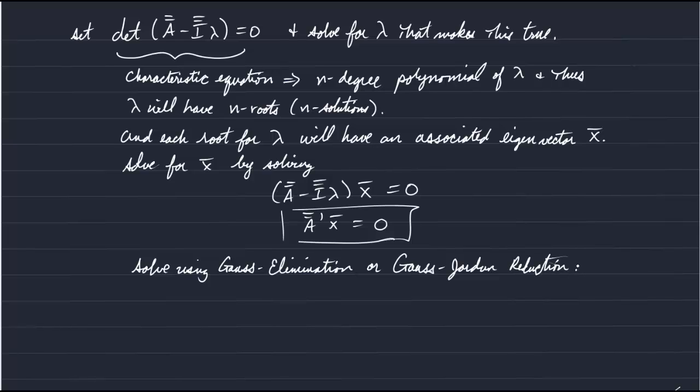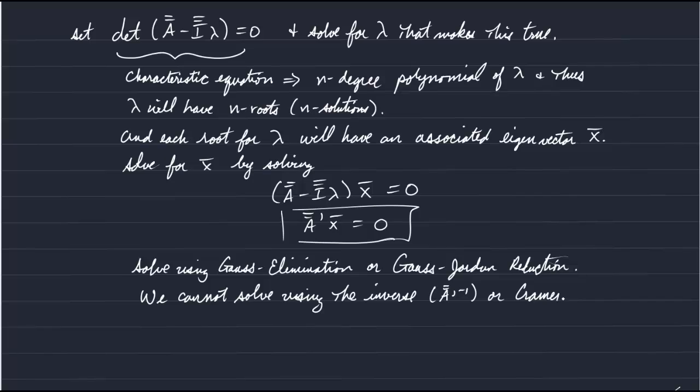And you should also note that we cannot solve it using the inverse or Cramer's rule. We can't do that. And maybe you should ask why, and I hope you do.